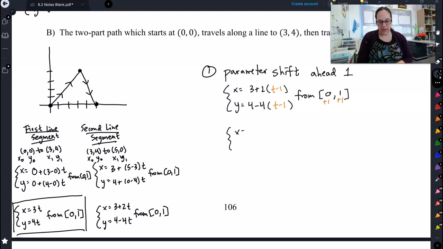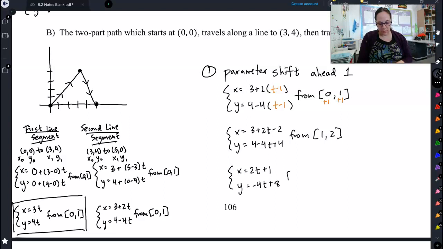So let's see what I get. 3 plus 2(t minus 1), 4 minus 4(t minus 1) from 1 to 2. And if I simplify that, I get 2t plus 1 for x, and negative 4t plus 8 for y from 1 to 2.